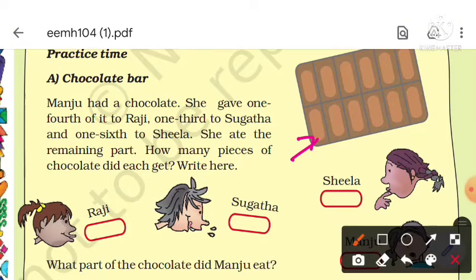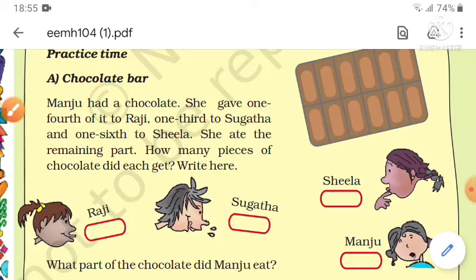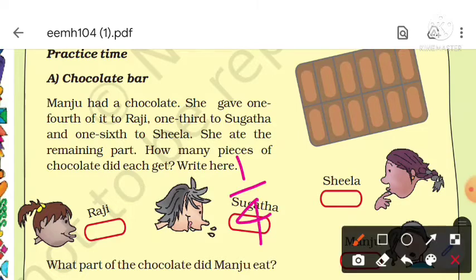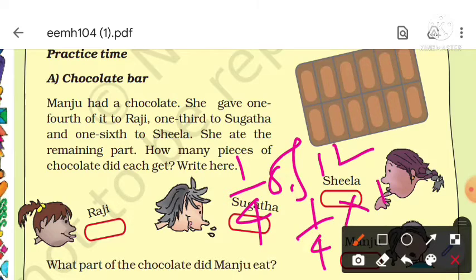Now if you want to count the number of bits in the chocolate, 1 2 3 4 5 6 7 8 9 10 11 12. So there are 12 bits in the chocolate. Now the question says she gave 1/4 of it to Raji. 1/4 of 12 means 1/4 multiplied with 12, because "of" means multiplication.